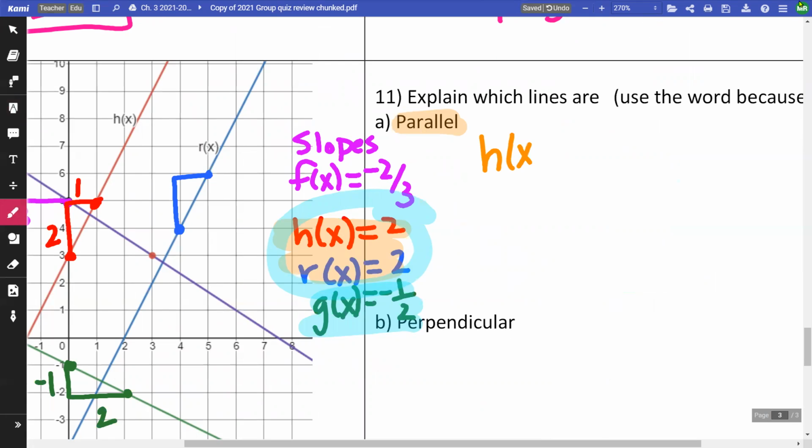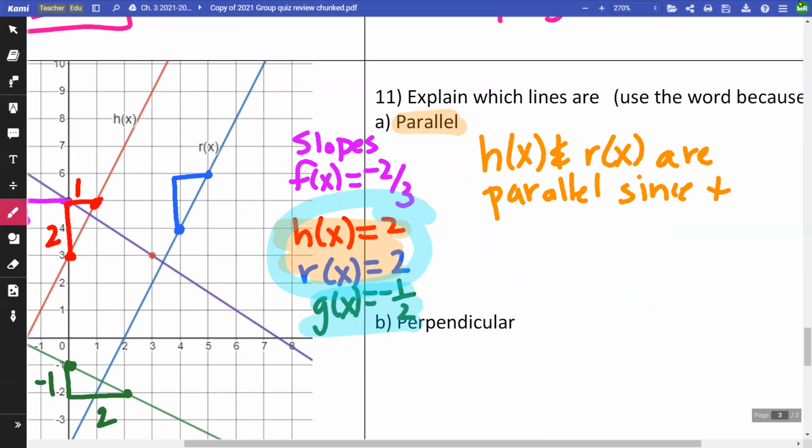So h of x and r of x are parallel since they have the same slope. And let me see what that slope is.